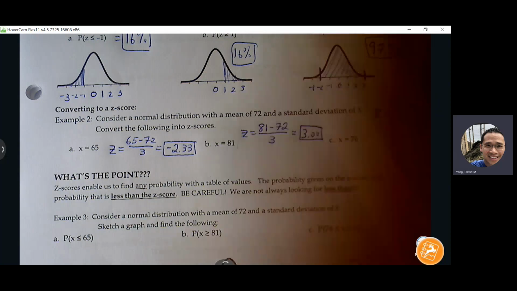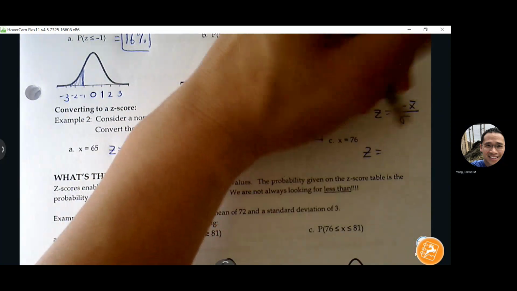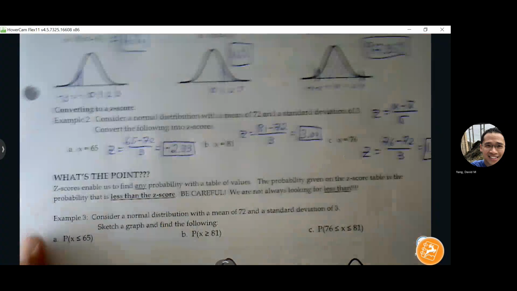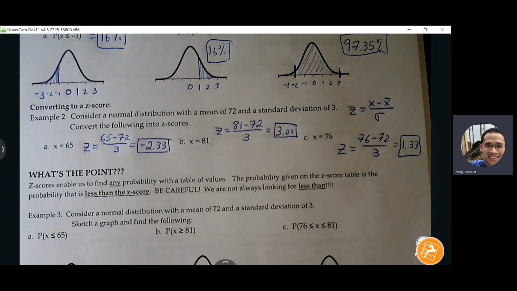Okay, 76. All right, so we're going to use these numbers as we look at the example below.